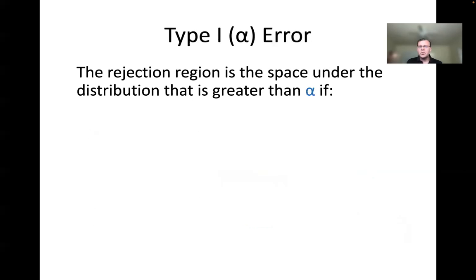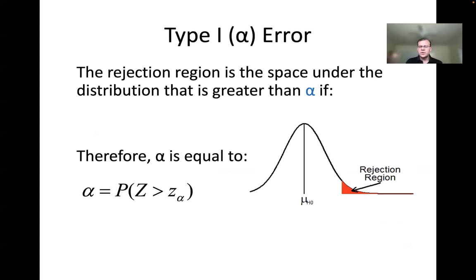So what is a type 1 error? A type 1 error is this false positive. The rejection region that we're focusing on here is this red shaded region in this figure. And if our test statistic falls in this region, we will reject the null, even if the effect isn't true.